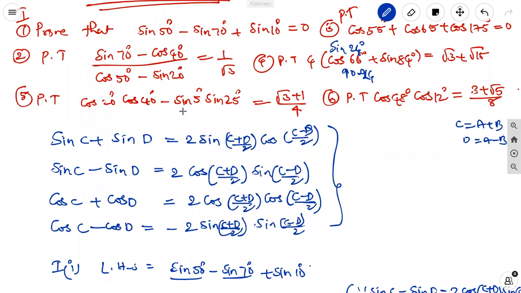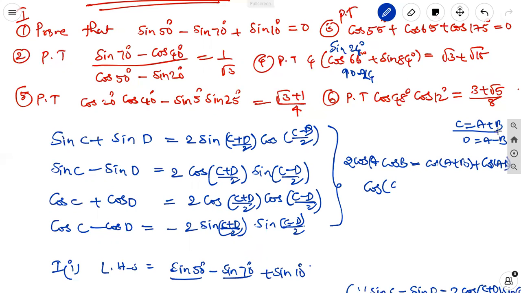the fifth one, here we can take 2 cos C cos D. When it is 2 cos C cos D, we can write it with the suitable formula of A plus B. Here also sin C sin D form. It is equal to 2 cos A cos B means cos of A plus B plus cos of A minus B. Why?